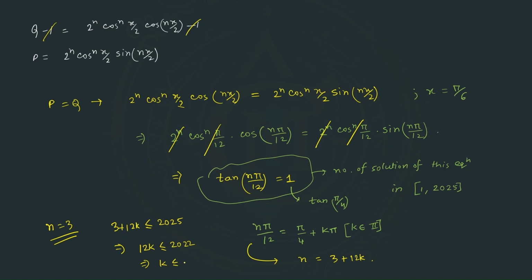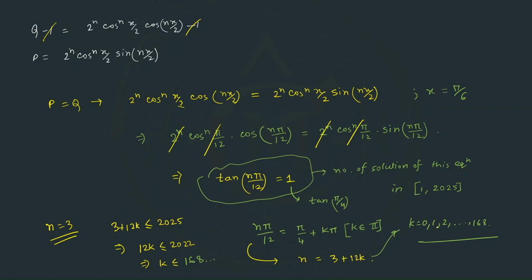So that comes out to be, if you calculate, 168 point something. Now we know that k is an integer. So k max, which is the maximum possible value of k, will be 168. That means we have the solutions k equal to 0, 1, 2, so on up to 168.